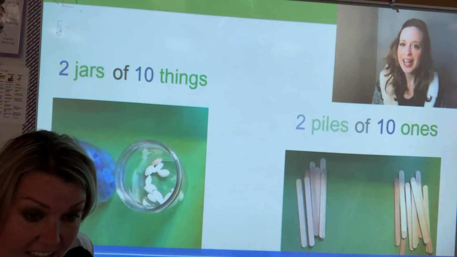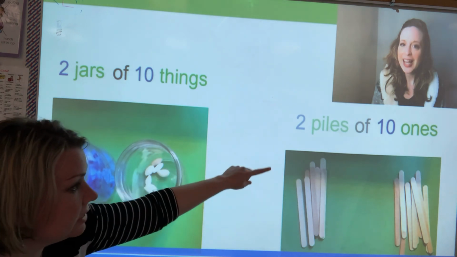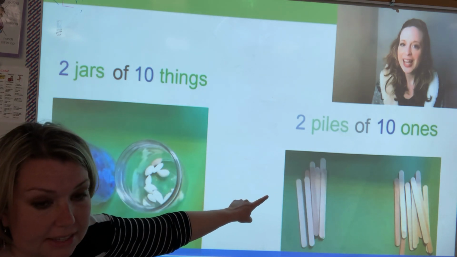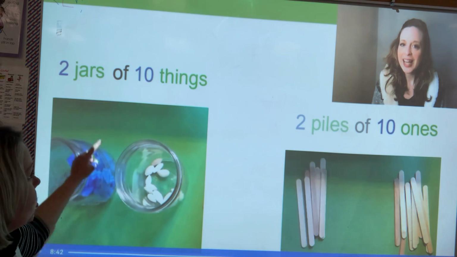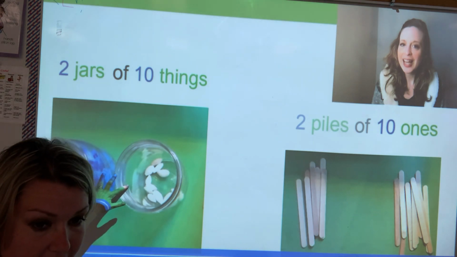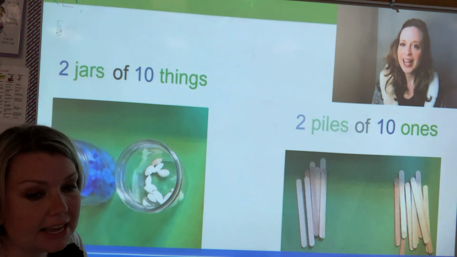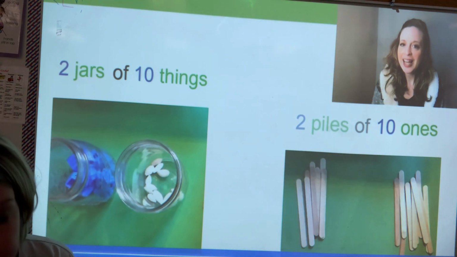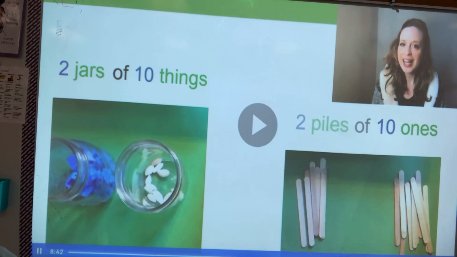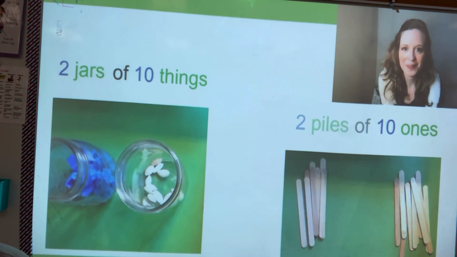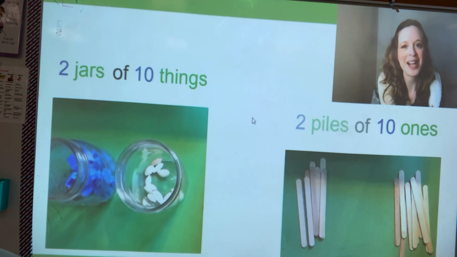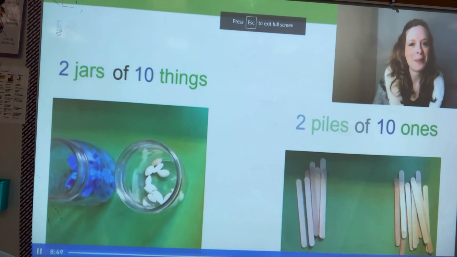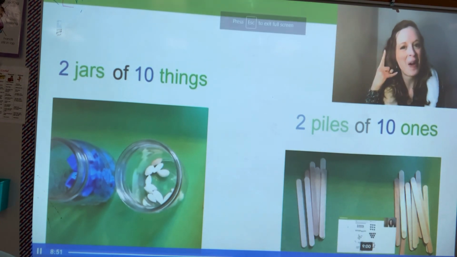Thumbs up. They are. 2 piles of 10 ones is the same as 2 jars of 10 things. They both have the same amount or the same number. Very good. And tell someone in the room what you think. If you don't have anybody in the room to talk to, that's okay. Just pick up your imaginary telephone and call me.